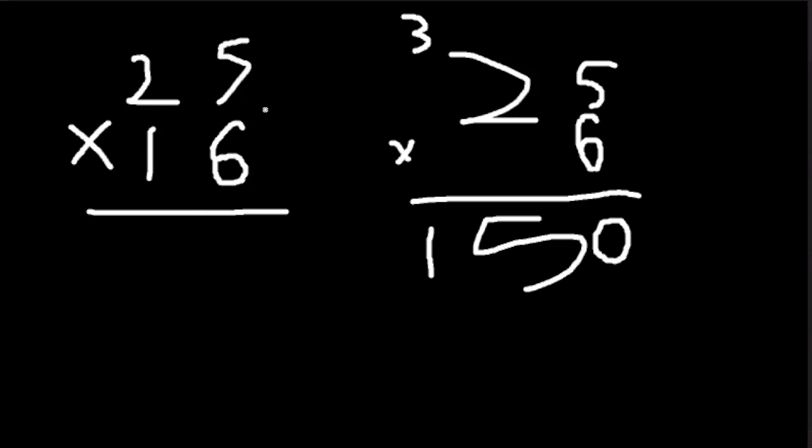So 6 times 5 is again 30. So we're going to put a 30 right here. And I'm going to put a 0 right there. And put the 30 on top of the 2. And 6 times 2 is 15. Alright, so 6 times 2 is only 12, but when we add 3 it's a 15.